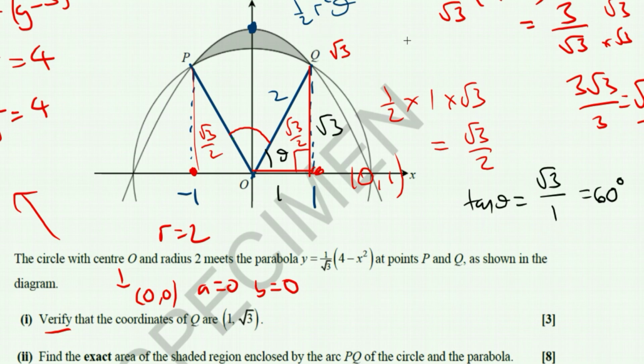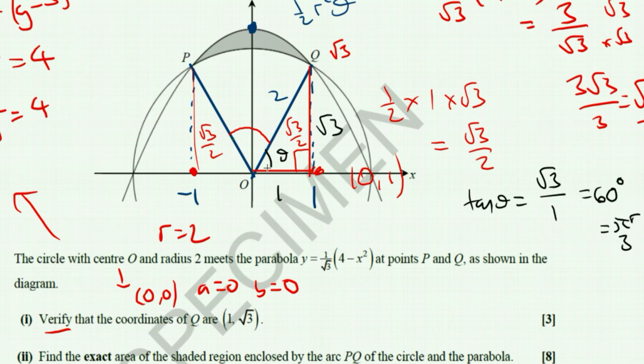But half r squared theta is in radians, so we need to convert this into radians. To convert that into radians, that's just going to be pi over 3. So that's equal to pi over 3 radians.